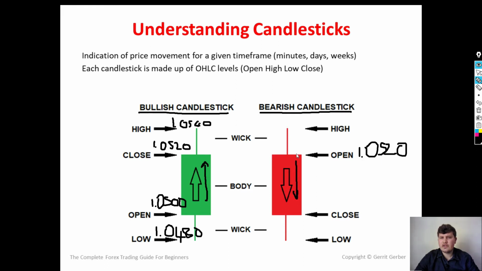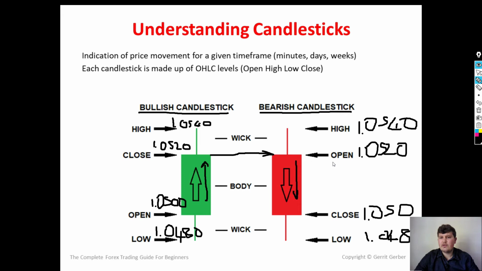Let's say it opened right after the closure of this candlestick. So where this candlestick closed, this one opened up over here with a high, let's keep it the same, of 1.054, a close of 1.05, and a low of 1.048. So between the opening and the closing of this candlestick, there was a decrease of 20 pips, meaning the price decreased, and therefore it's a bearish candlestick.